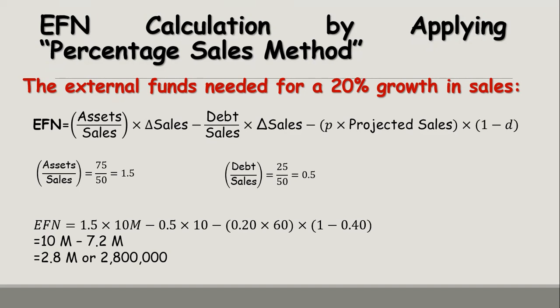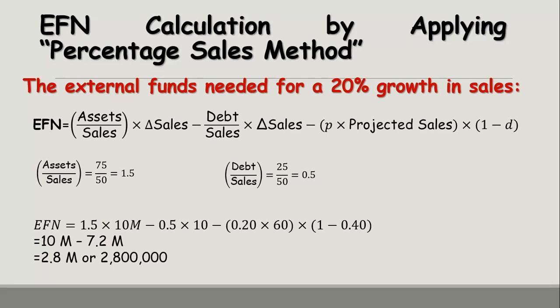On the basis of that data, if we put these values in the above equation, external financial need is equal to 1.5, that is the proportion of assets to sales, multiplied by 10. 10 is the difference between 60 million and 50 million. On the other side, we have debt to sales of 0.5 and the change in sales is 10. Minus profit margin of 20%, projected sales of 60, multiplied by 1 minus dividend payout of 40%.